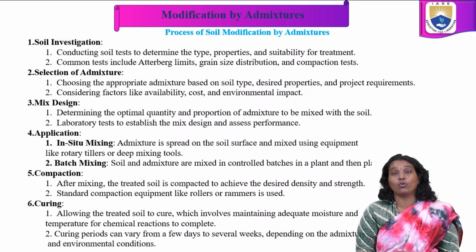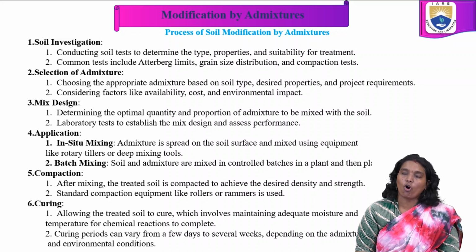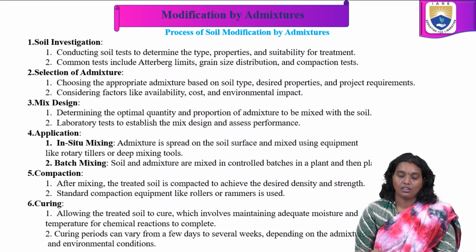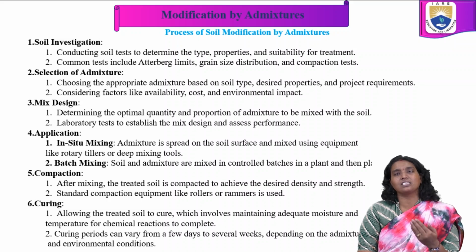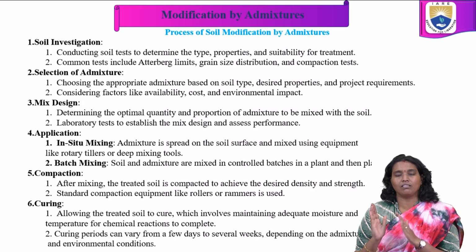Once we understand what type of construction and which type of element is going to be constructed in that particular soil region, after understanding all the soil properties, we move on to the selection of admixture. For this, we also have to understand what type of admixture gives which kind of result.